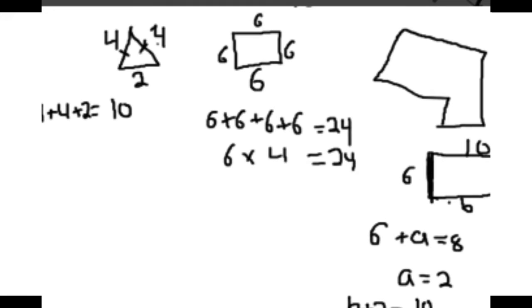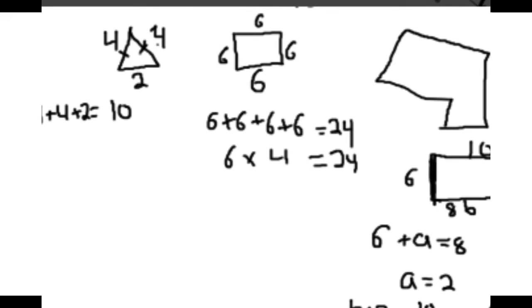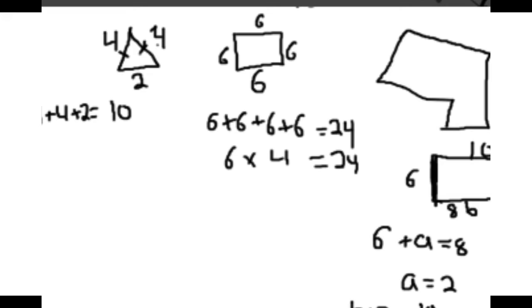Now that we have the length of all the sides, we can find the perimeter by adding the length of all of these sides. The perimeter of this figure is just going to be 6 plus 10 plus 8 plus 2, and those are all given, and then plus A and B, which we just solved for, was 2 and 8. So then that would give us 10, 10, 10, 36.